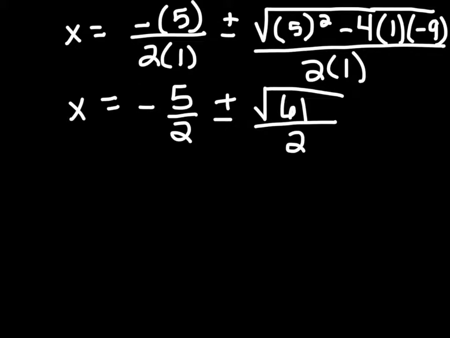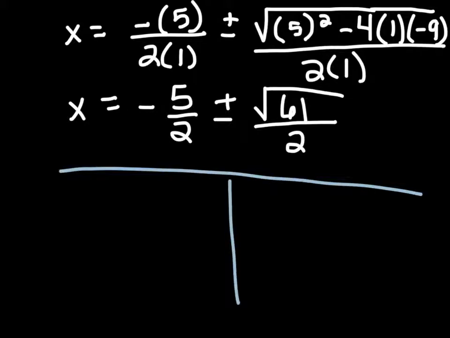Since the directions say that we can round our answer, that means we don't have to worry about simplifying this radical. So what we can actually do is now set up our little chart to show the two roots.